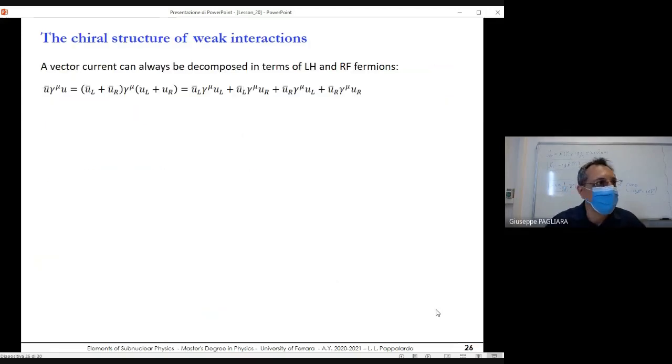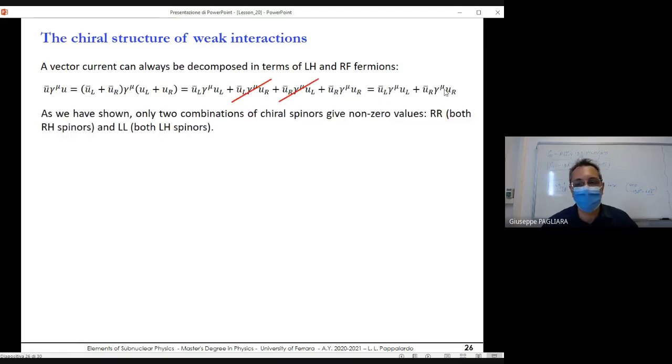Now, as we've seen already, a vector current can always be decomposed into left-handed and right-handed fermions. We've done this expansion already in the past, and we also saw that in QED only the pure left and the pure right terms survive. We've shown that the mixed terms are zero; they do not contribute to the current, and so to the cross section.